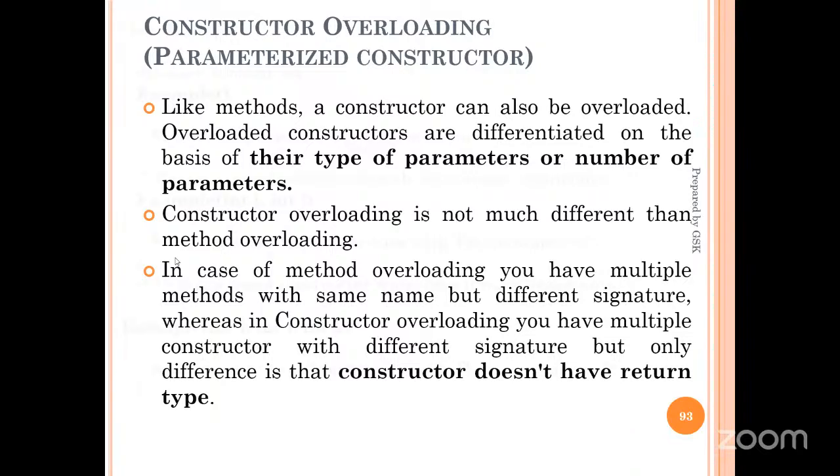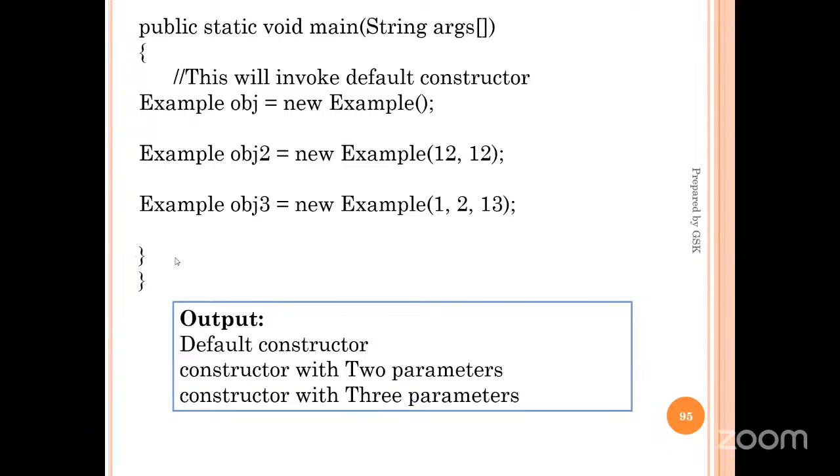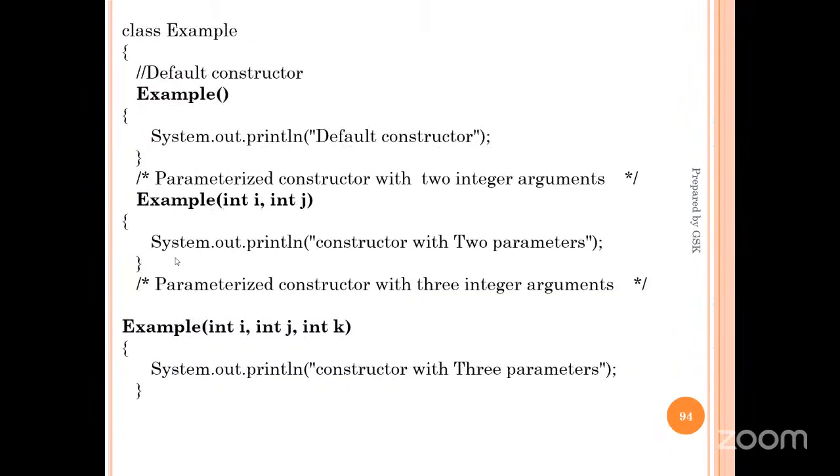Let me show you the example code. See this code once. Within a class, I am writing a default constructor. Constructor name and class name must be the same, Example, and this must not have any parameters.